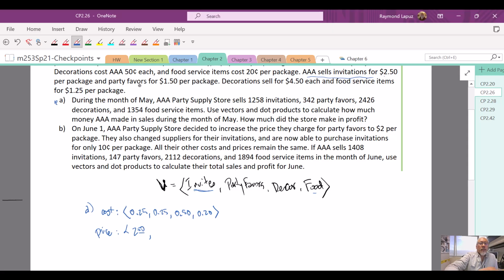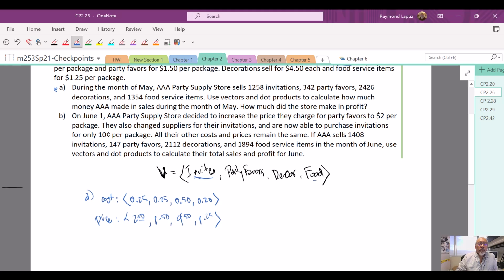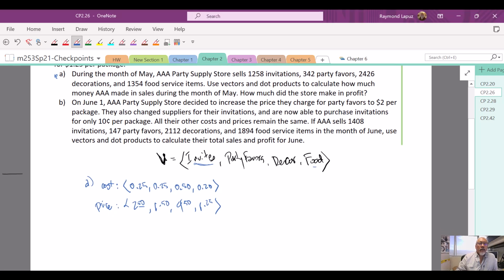The party favors cost $1.50. Decorations sell for $4.50, and food items are $1.25.